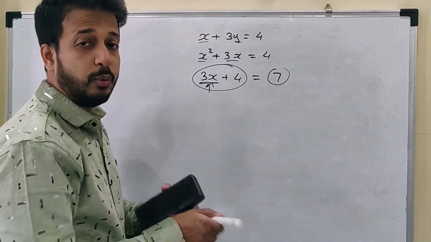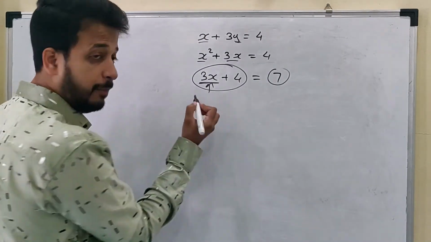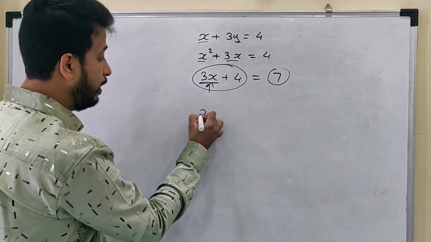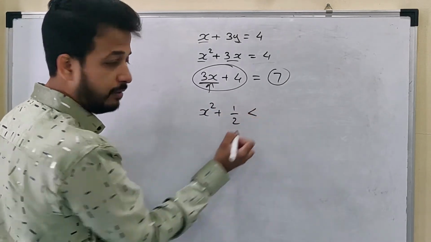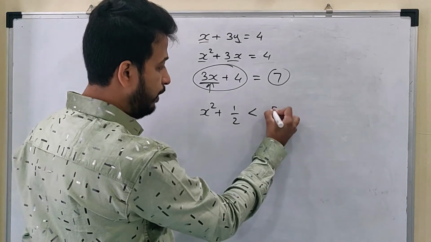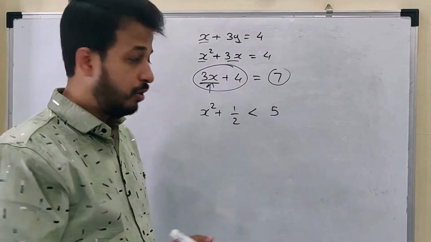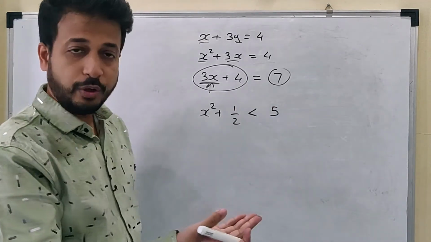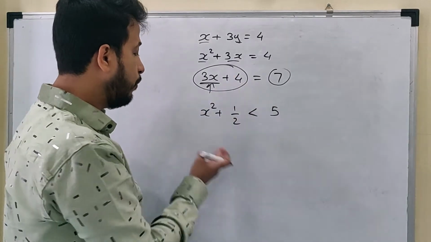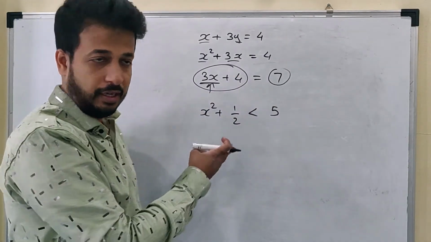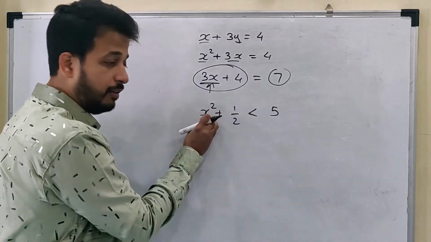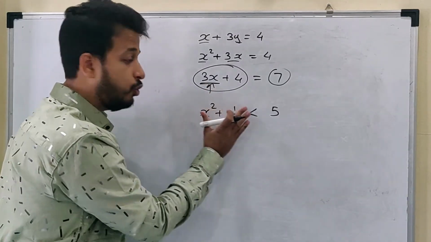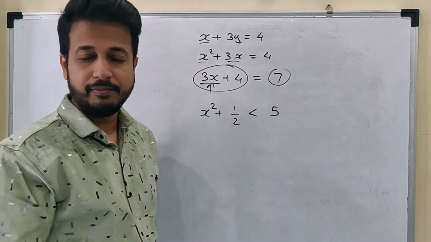So how is it going to be represented? It can be in this way: x squared plus 1 by 2 is less than 5, right? Here, what all values of x can I put in this so that my answer is less than this side?